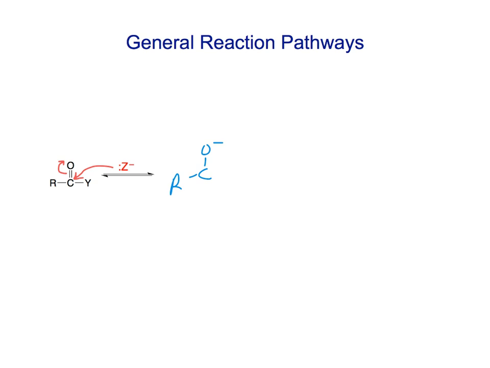With an O minus, we're going to have our Y group still on here, and our Z group like this. Right? The carbon now has 4 bonds. What's the geometry that I've drawn there around that carbon? It's sp3. What's the geometry called? Tetrahedral. So we have a very unique imaginative name. We call this a tetrahedral intermediate.